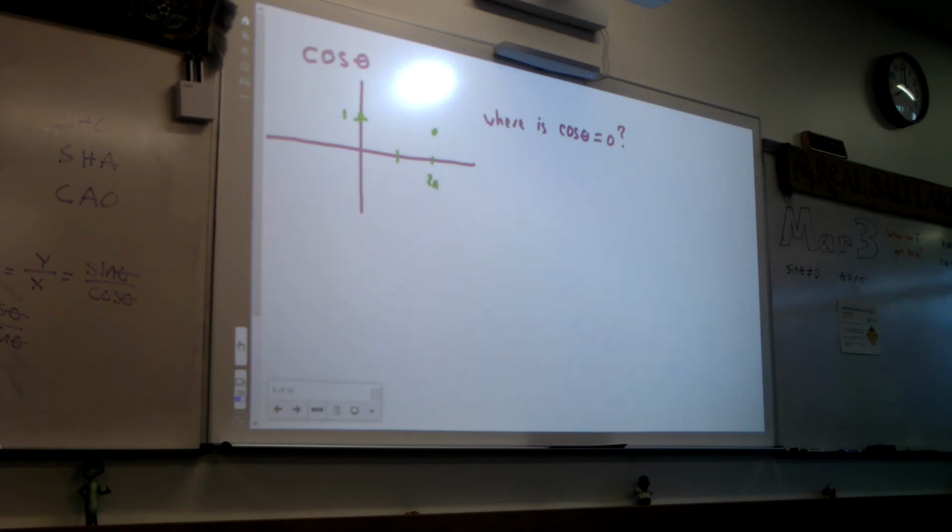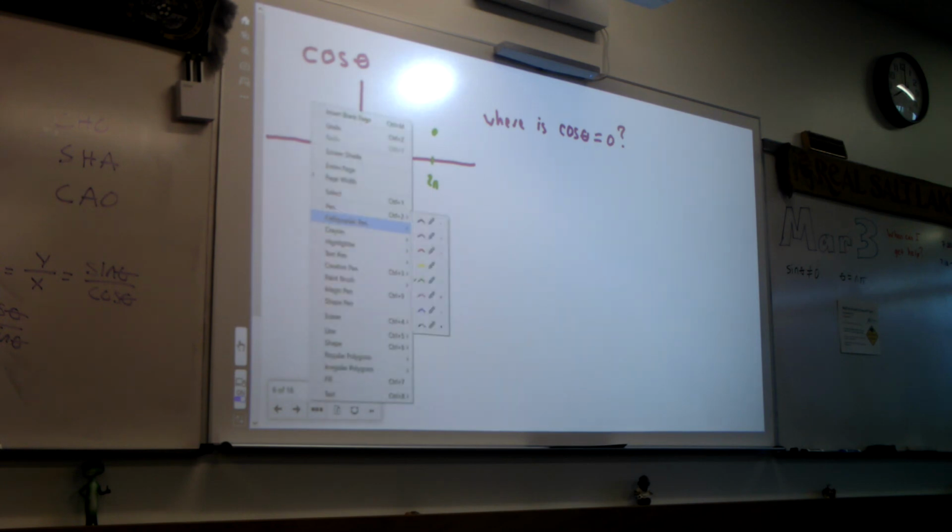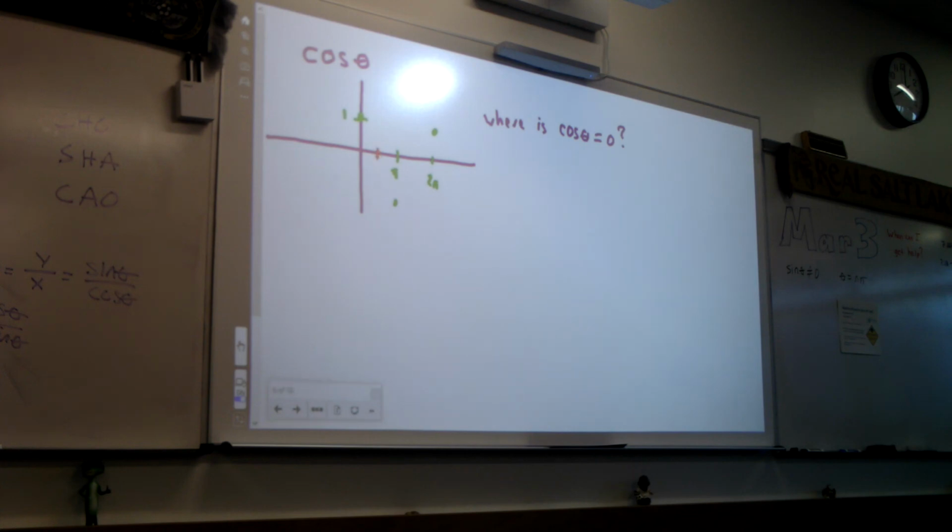Okay, so cosine starts at 1, takes 2 pi to get there. So then at pi, it's at -1. So what are the x-intercepts? Pi halves, and what else? 3 pi halves. So if I started writing these out, I saw one at pi halves, 3 pi halves.